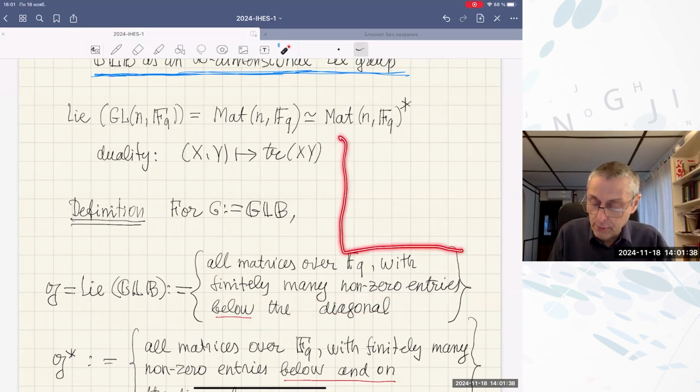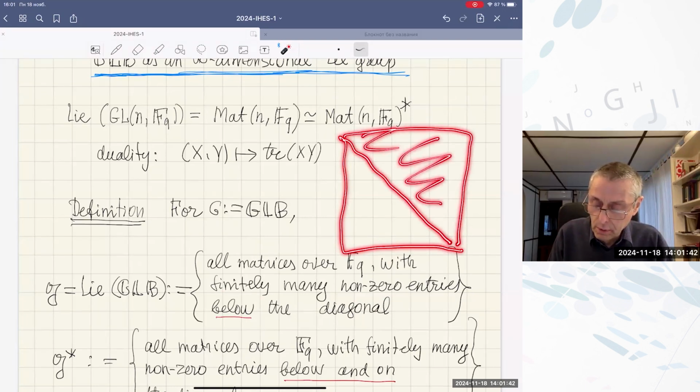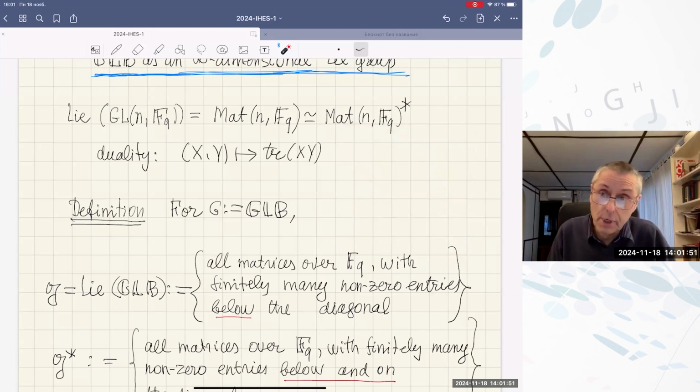So imagine that we have an infinite matrix, the diagonal, and anything is allowed here, and only finitely many non-zeros below the diagonal. This is a Lie algebra with respect to the usual commutator.